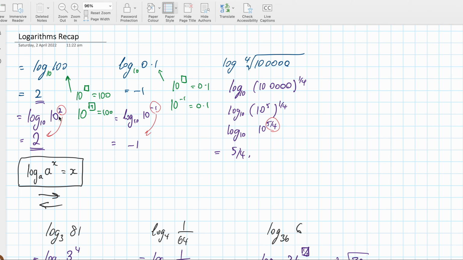So we have to match these bases. 10 squared makes 100. If you've got a base 10 logarithm and base 10 here, then you can simply say that the index is the answer. So 10 has to be to the power of 2 to make 100. The index comes down here. Same thing with 0.1: match the bases, so 10 to the negative 1, and the answer is negative 1.